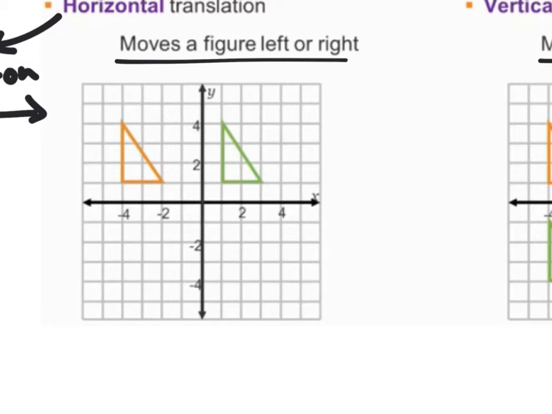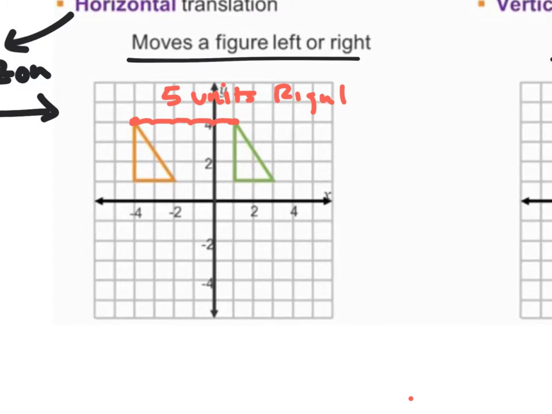All right, so in this instance here, if I move this figure just horizontally from one point to the next, okay, I am moving this 5 units to the right. All right, so 5 units right, okay?